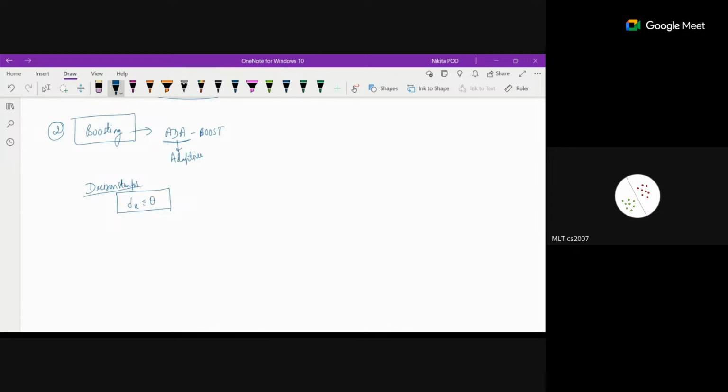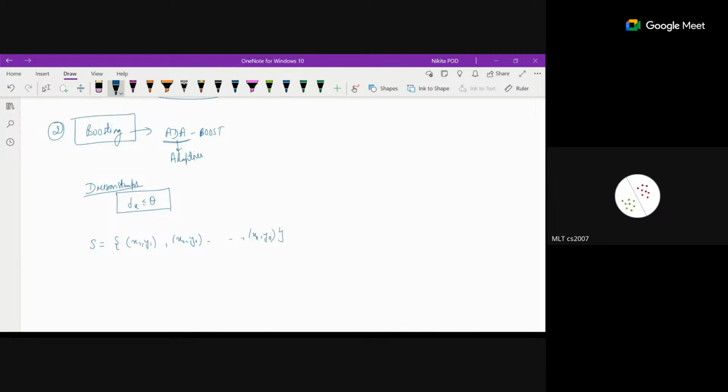So in AdaBoost, this is an iterative technique. Suppose you have a data set (x1, y1), (x2, y2), up to (xn, yn).